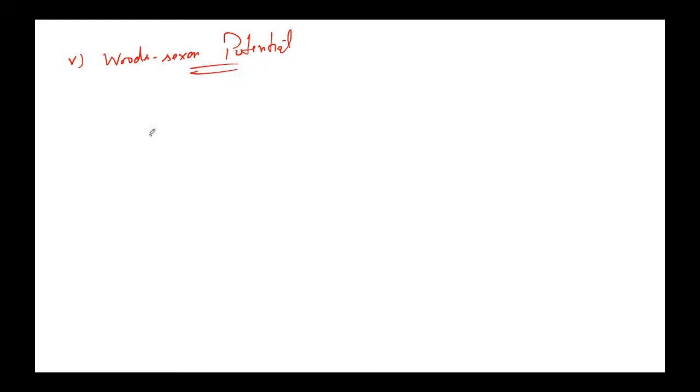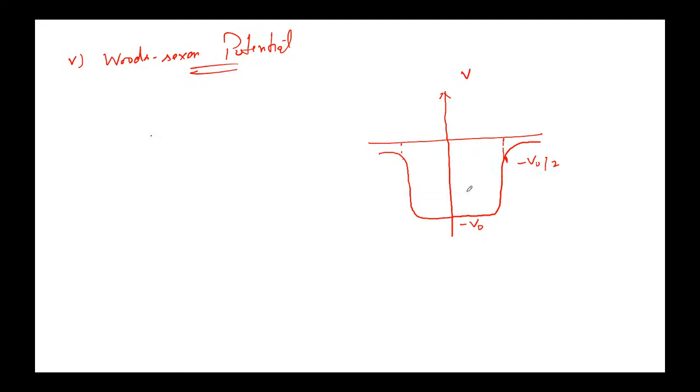and its representation is something like this. This is the value of minus V naught, and at this point its value is minus V naught over 2.